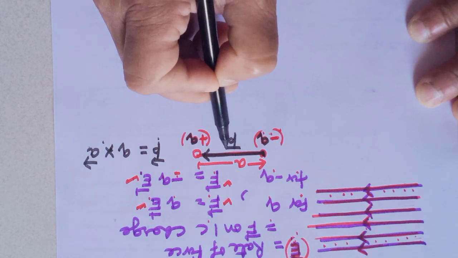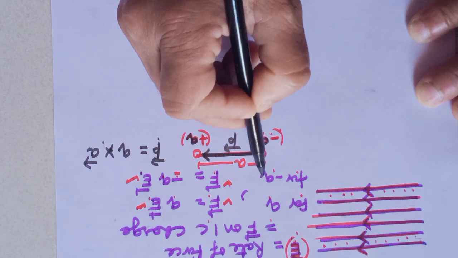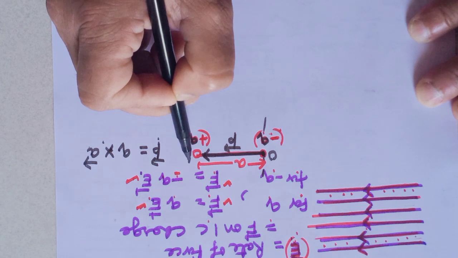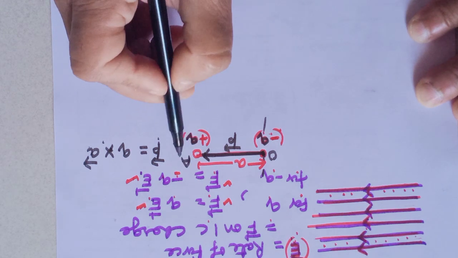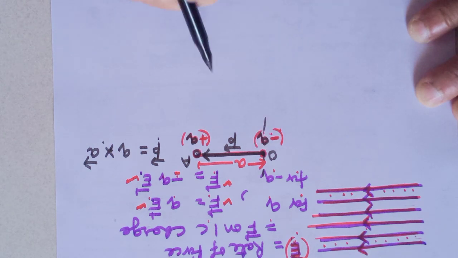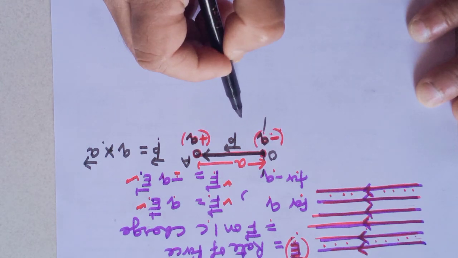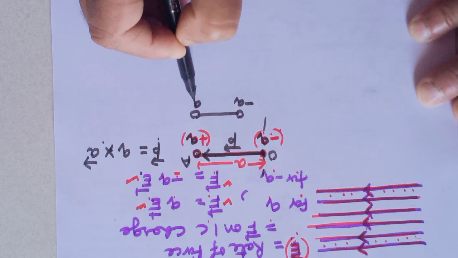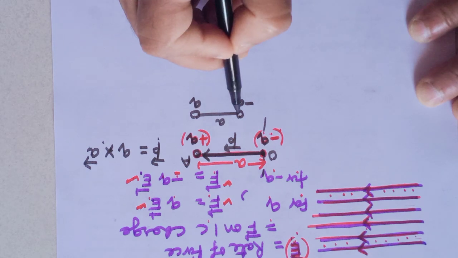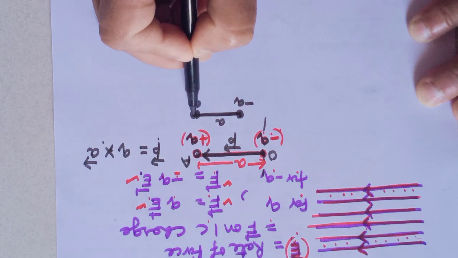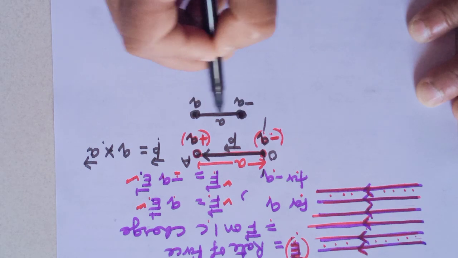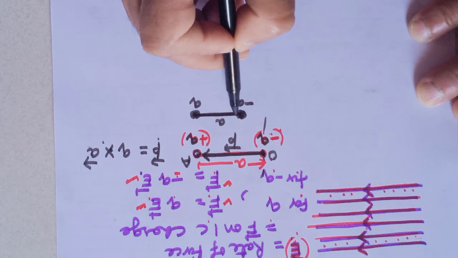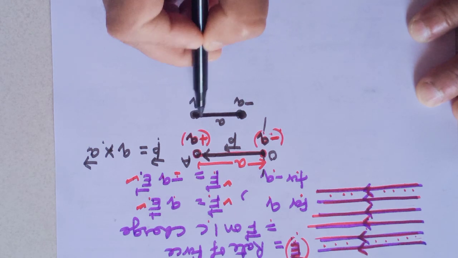Now this is the direction of P. These two charges, minus Q and plus Q, are separated by a distance A. This system can be thought of as a dumbbell fastened by a small invisible bond.